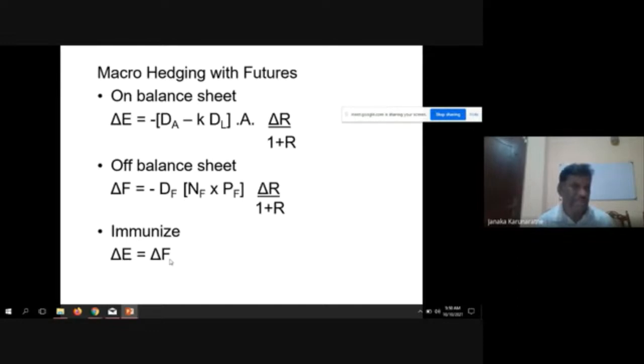But in real practice, you can't make them exactly equal, because equal means your risk is zero, a full 100% hedge, which is not possible. So instead, you can see the impact on your equity as a result of a change in interest rate, and then find the impact on your futures price also.